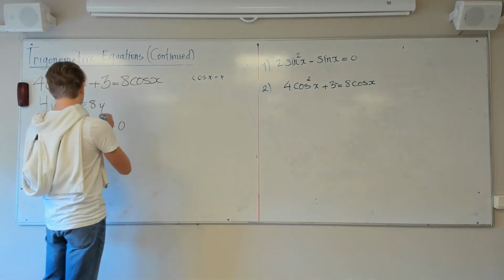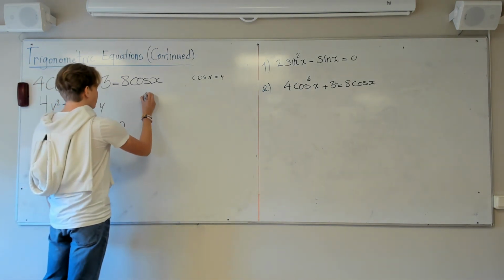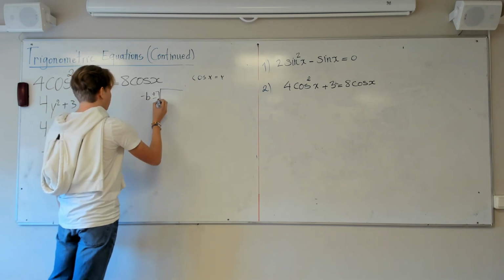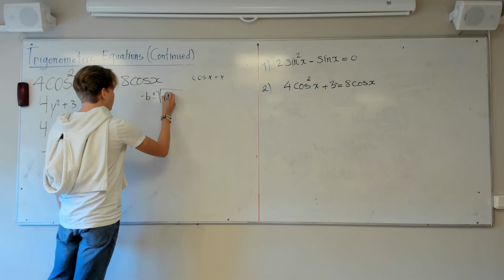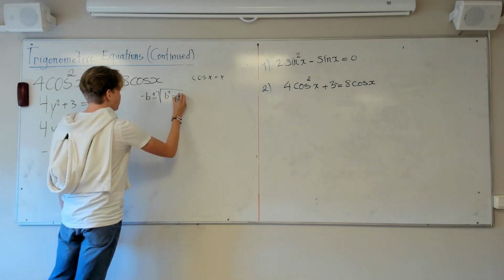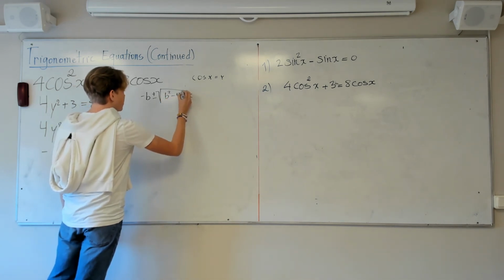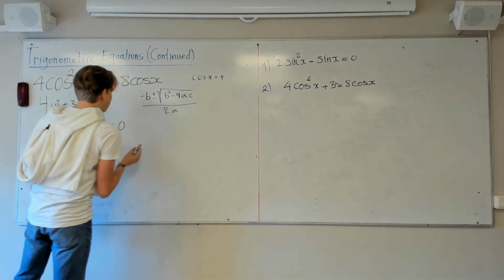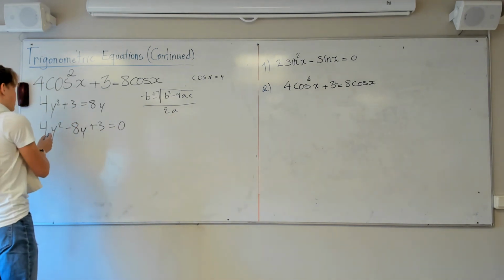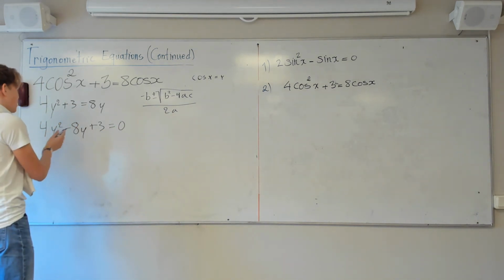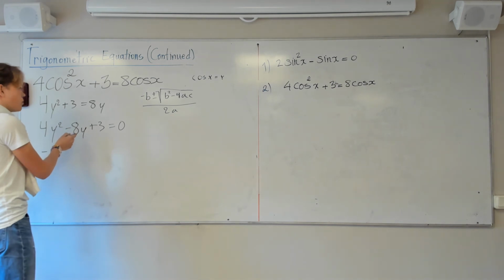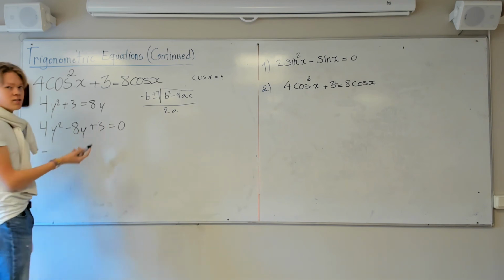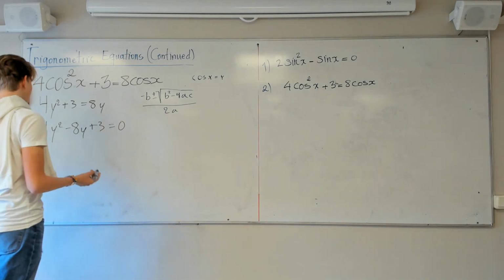So the ABC formula is negative b plus or minus the square root of b squared minus 4ac over 2A, in which A is the one to the second power, B is the one to the first power, and C is the constant, with no powers.